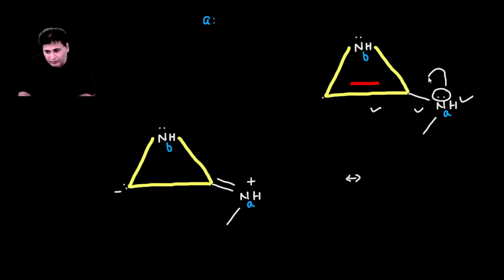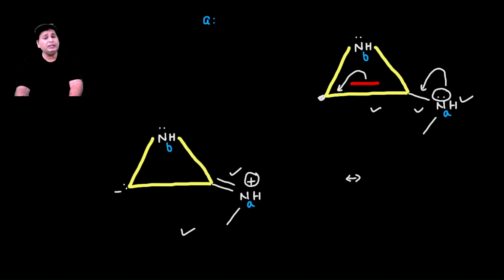The lone pair will shift in the forward direction to make a new pi bond. As it goes away, it creates a plus charge, and simultaneously these pi electrons will shift towards this carbon, bringing a lone pair and minus formal charge to this carbon, and you can see this particular resonating structure.